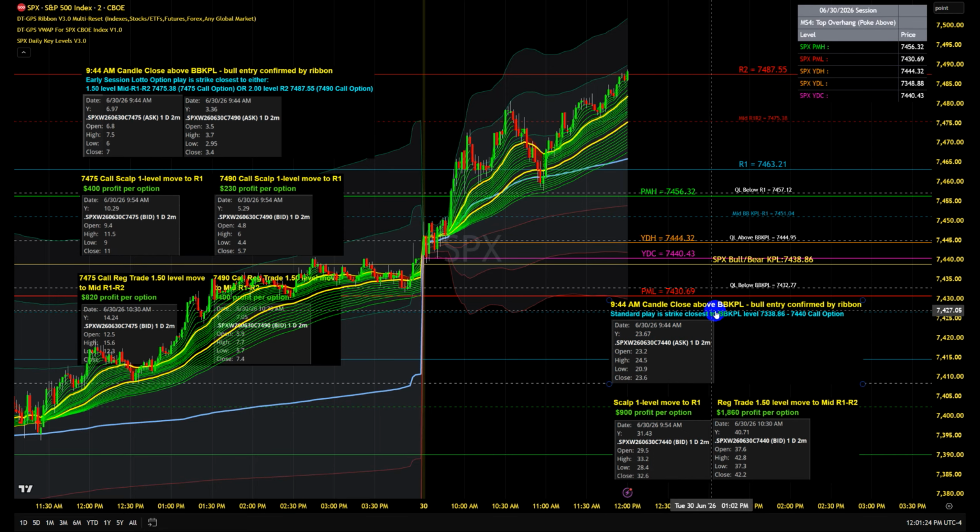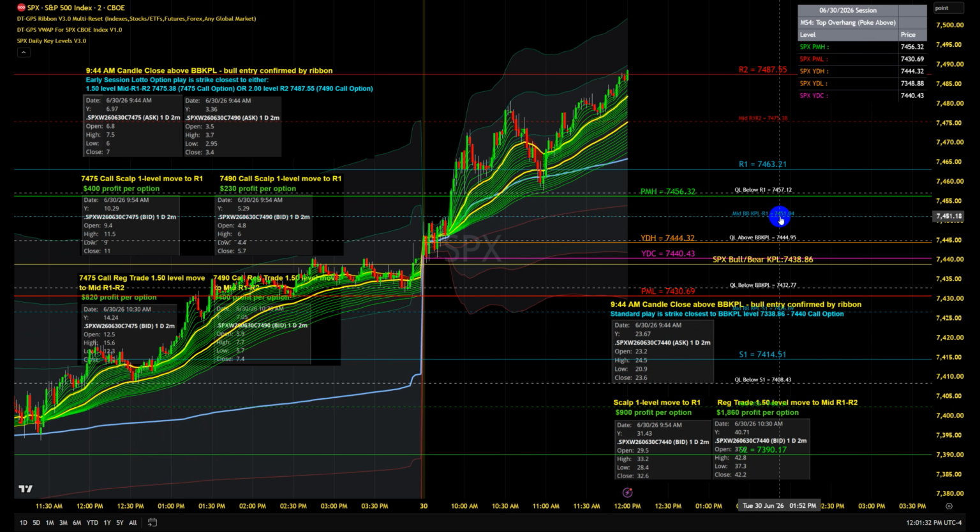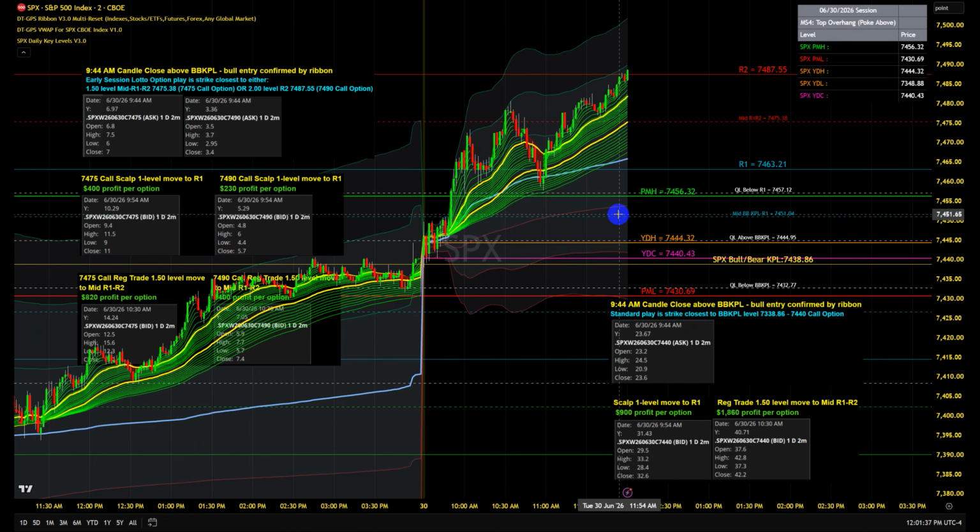Now, if you find the standard play or the other standard out of the money options on the standard strategy, the midpoint 74.50 or 74.65 for today, to still be too expensive for the potential risk, then that's why you can consider using the early session lotto options play because your cost is going to be a lot less.